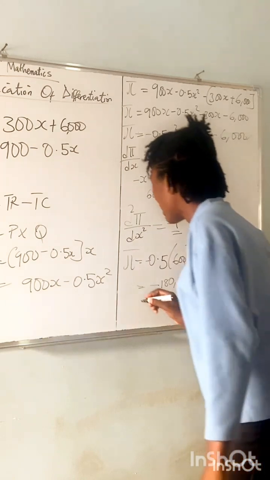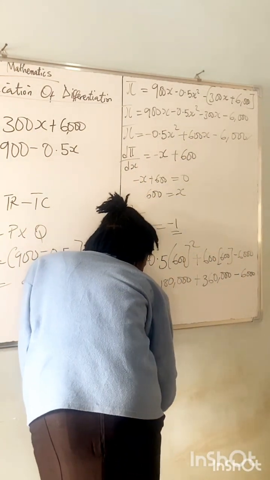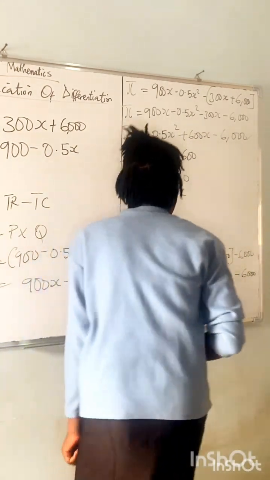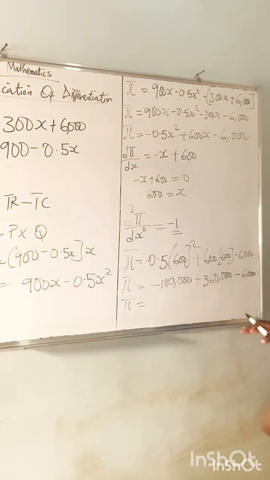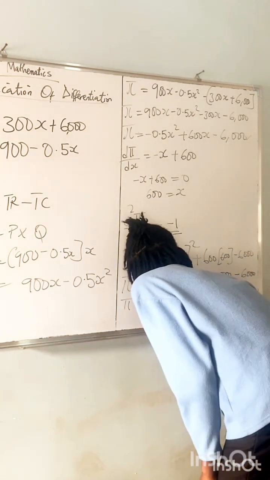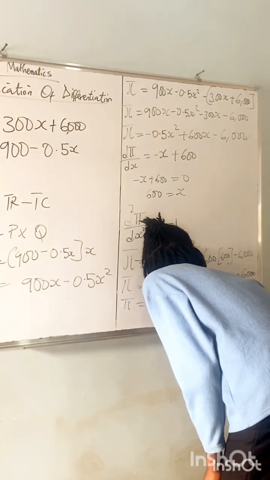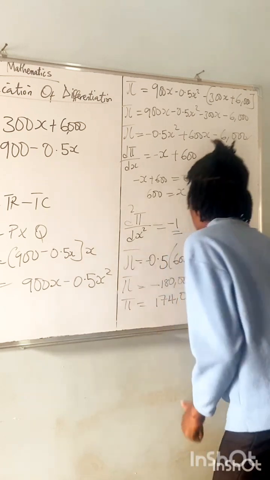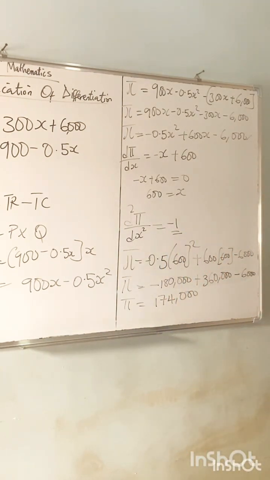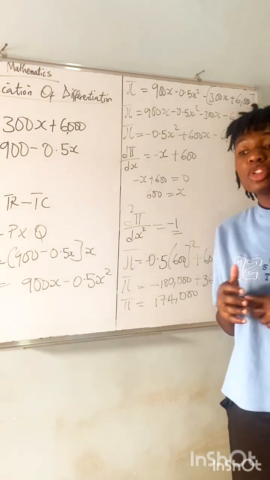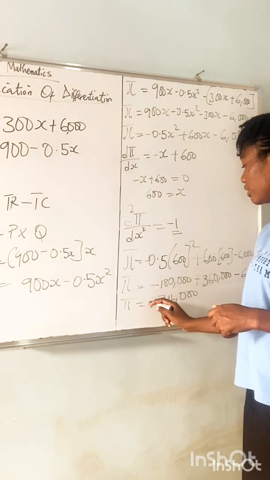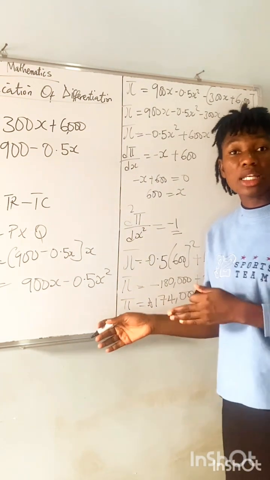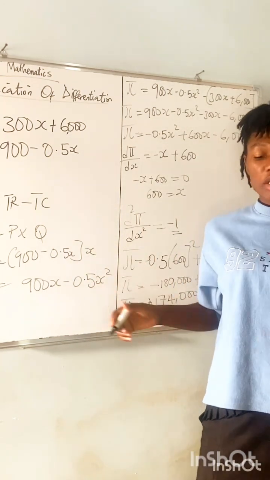Alright, so the value of our profit, when we subtract and add, we'll be having 174,000. Alright, 174,000. And since it is the value of our profit, profit must be in monetary form. So whether it's naira if you're in Nigeria, or you can use your dollars as well as your cedis from wherever you are, okay?